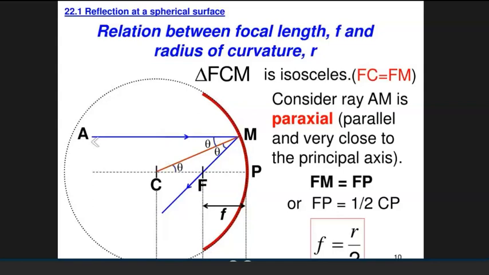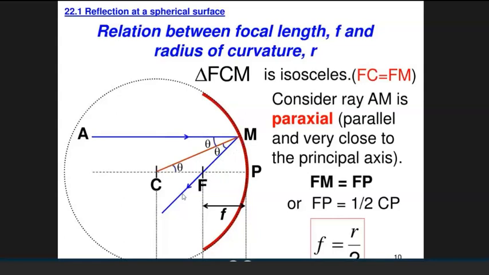Now a single incident ray parallel to the principal axis. You see, this dotted line is the principal axis. So a single incident ray parallel to the principal axis is incident on this spherical mirror. Then after reflection, this ray must pass through a point on the principal axis called the focus. So this is the focus.